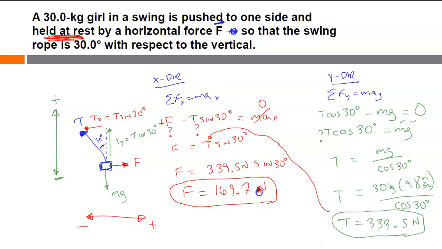All right, so a couple takeaways here. You got to draw the picture. If you don't draw the picture, you will never get these right. You have to be able to see what the forces are, which direction they point, how many there are. If you can't see that, then there's no way to come over here and say, well, I've only got two forces in the x direction and two forces in the y direction. All right, so draw the stinking picture.